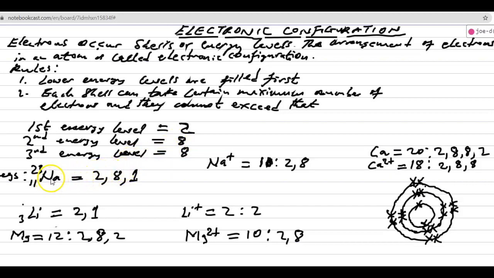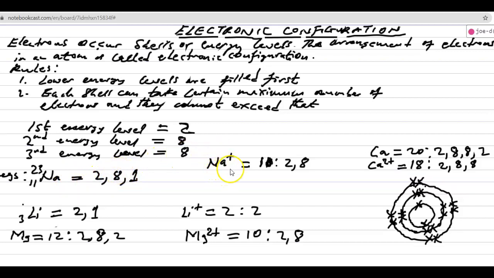We've got sodium, which has atomic number 11. Applying the rules, the first energy level will take 2, the next energy level will take 8, and 8 plus 2 is 10, so we will be left with 1 electron, which goes to the third energy level. That's the electronic configuration of the sodium atom.